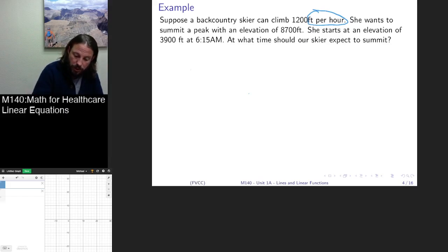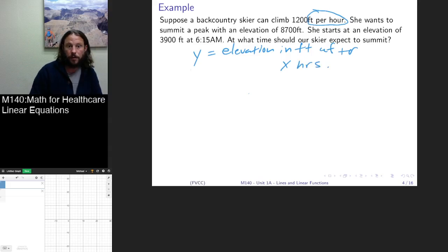Maybe we'll say let y equal elevation in feet after, let's say, x hours. And we're going to let x equal number of hours hiking.